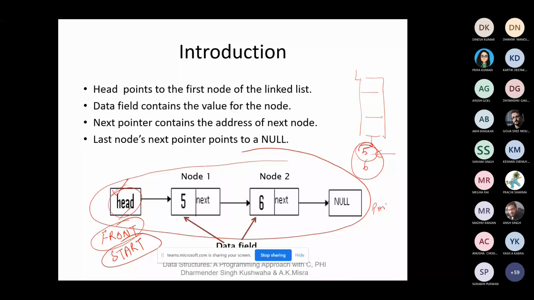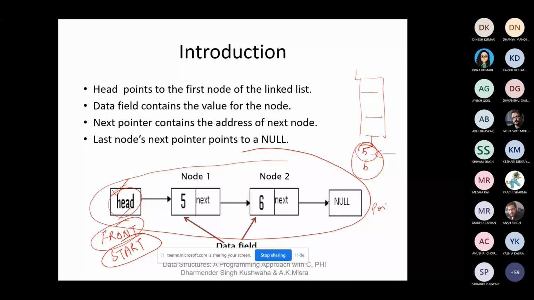So this is the list representation where you can see the two nodes, 5 and 6. Firstly, the head pointer, or we can say the start pointer, contains the address of the first node.